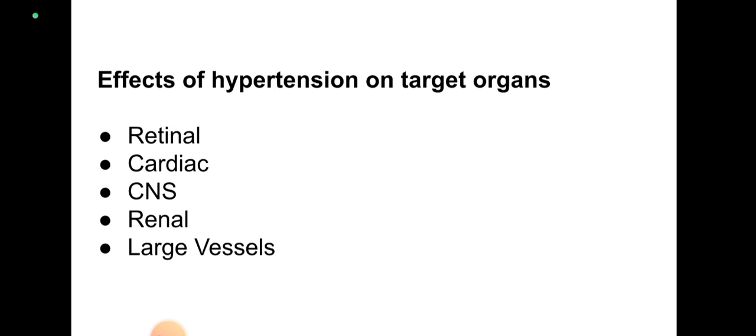Hypertensive encephalopathy is an important effect on the CNS. Effects on kidneys include proteinuria and renal failure.